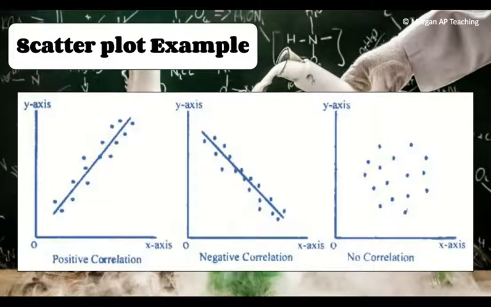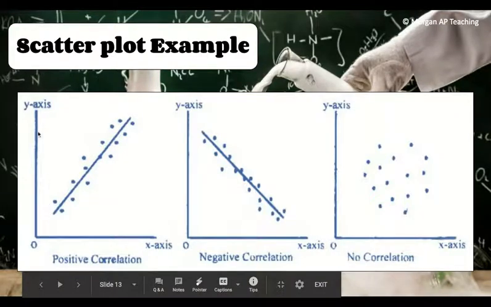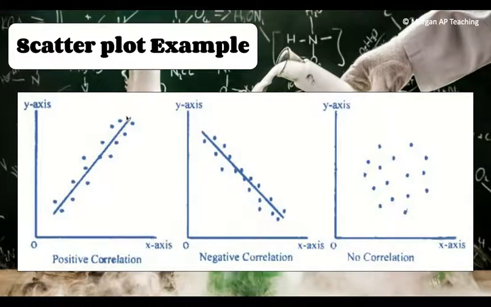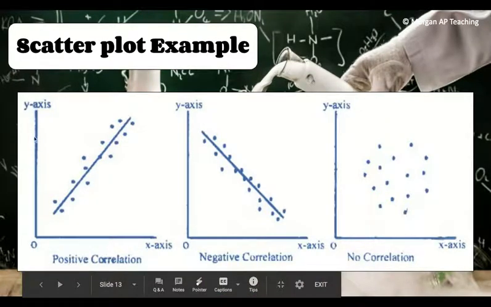So here are some scatter plot examples. You don't have to draw, but you can reference this back. The positive correlation could be something like height and weight. It's not perfect, but it's moving up to the right. That means the taller someone is, the more they weigh.